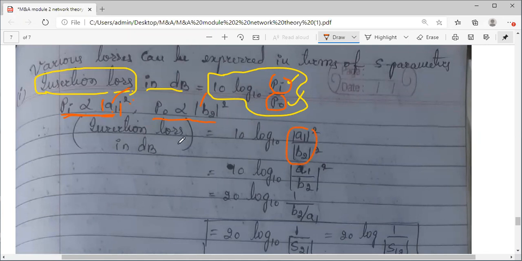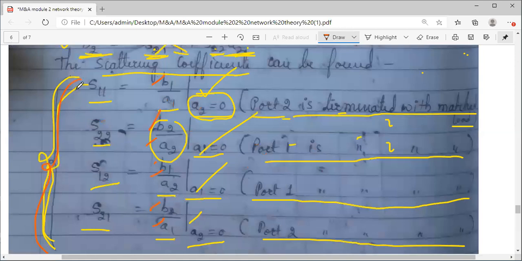Okay, taking that, insertion loss is equal to 10 log of, replace pi by A1 square, po by B2 square. Further you simplify, take this square commonly and take this 2 here. It will be 20 log A1 by B2. Is there any S parameter which is A1 by B2?